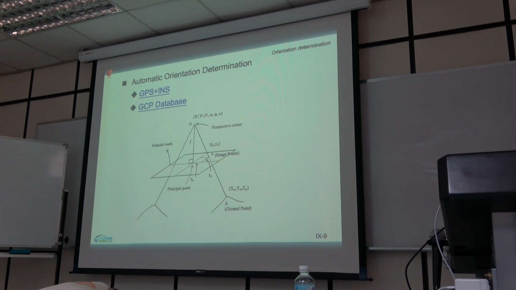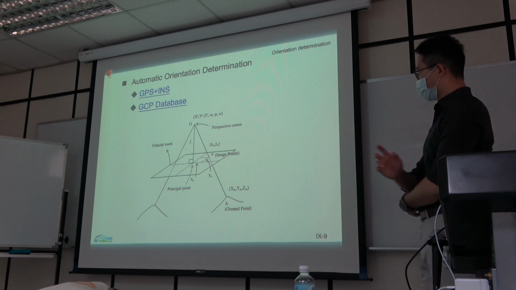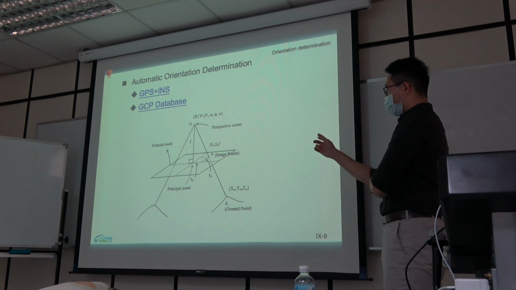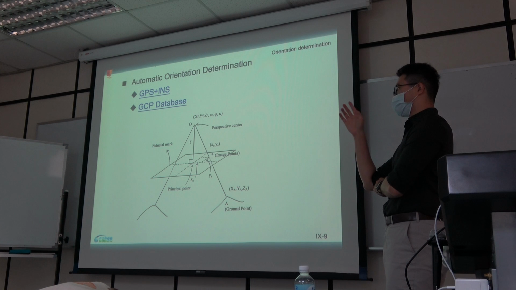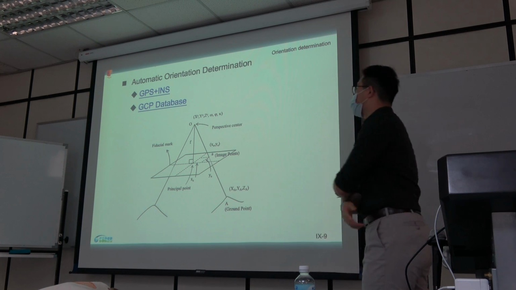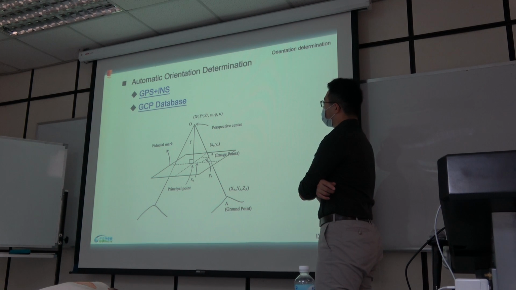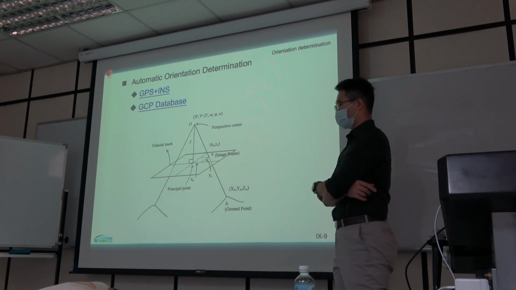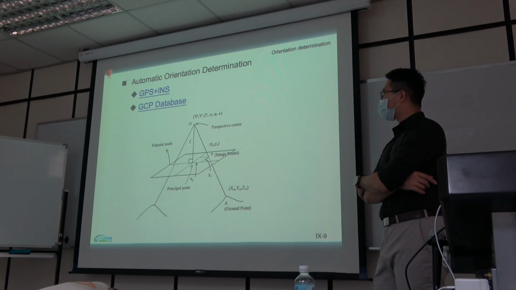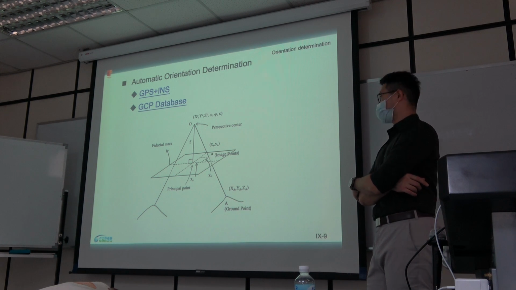Okay, so here is about the automatic orientation determination. This is something that I didn't focus on enough, actually, so pay attention here. In order to perform the orientation modeling automatically, there are 2 types of ways.